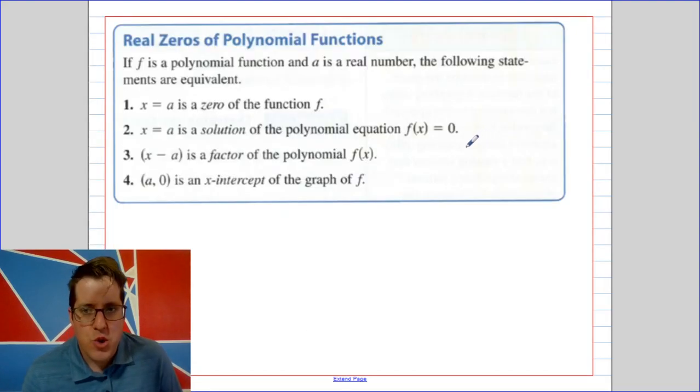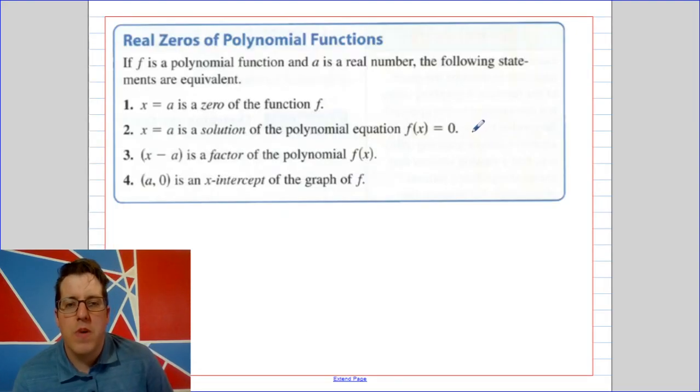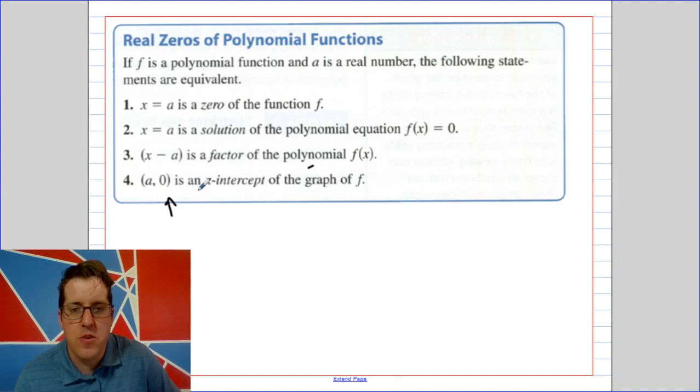This is stuff that I'm sure that you've picked up before, but I just want to re-emphasize it. Saying that something is a zero of the function means if you plug it in, you get 0, which would show up on the graph as an x-intercept, or would solve the equation the function equals 0.